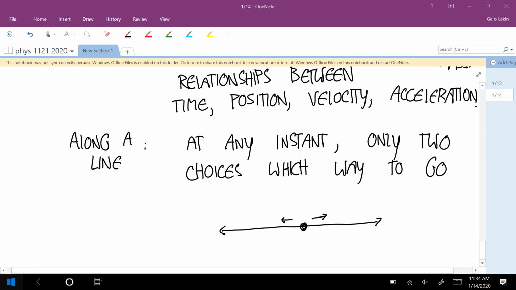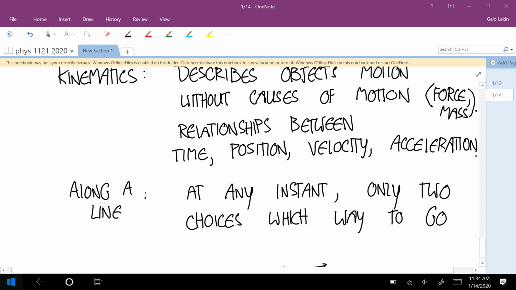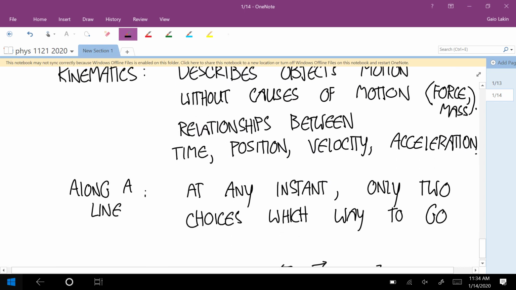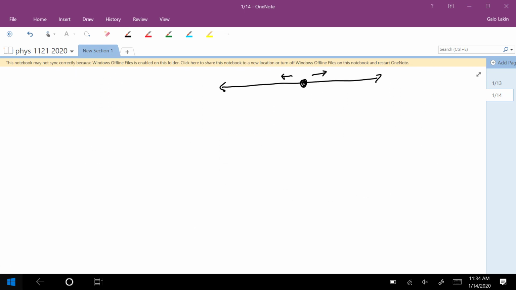All right, well, obviously, since we're dealing with relationships between time, position, velocity, and acceleration, we have to define these things. So I'm going to start out by defining position.